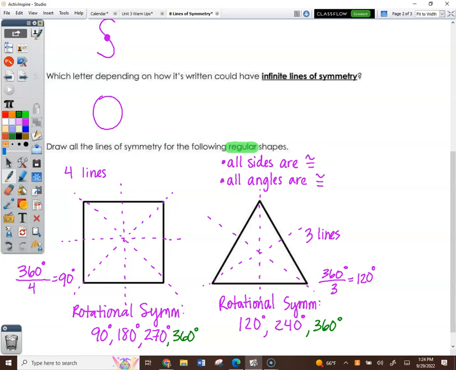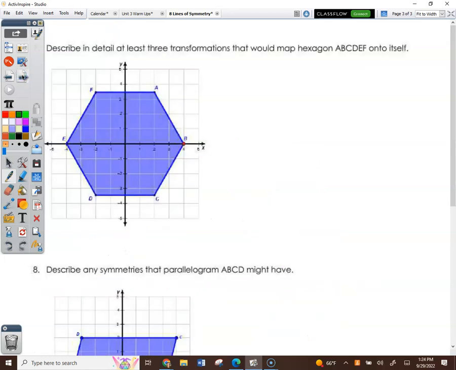Go to questions 7 and 8. I want you to tell me 3 transformations that map the hexagon, not out loud yet, onto itself. 3 transformations that would put that hexagon right back onto itself.